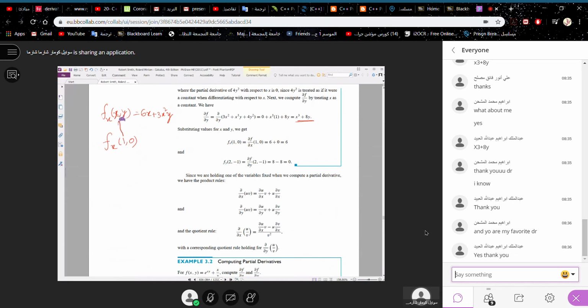Just plug in x equal to 1 and y equal to 0. So we get fx(1,0) equal to 6 times 1 plus 3 times 1 square into 0. So 6 into 1 plus 0. So this is 6. Understand?